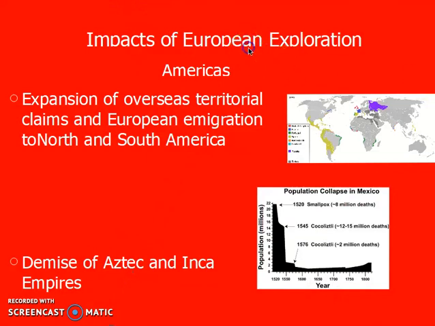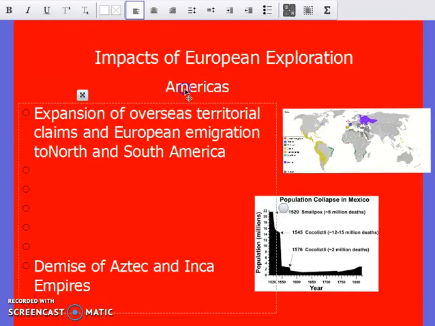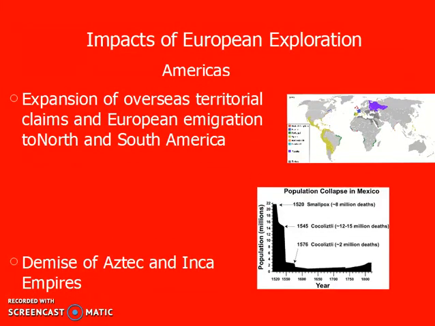The fonts on this are a little bit messed up, so I'm going to work on those as we talk. The European exploration impacts in the Americas include the expansion of the European countries' territories.